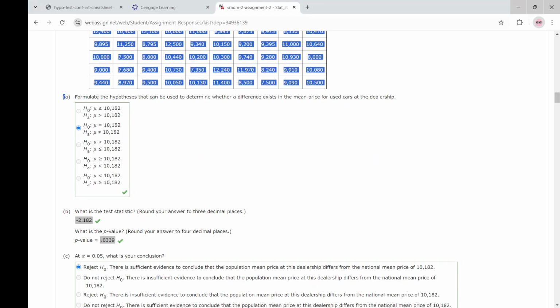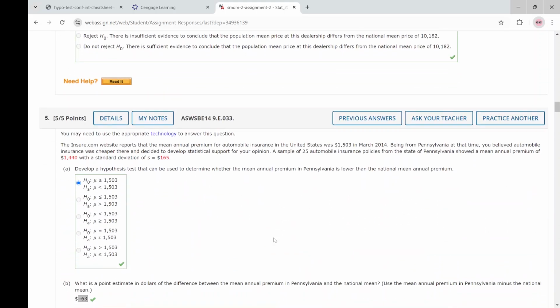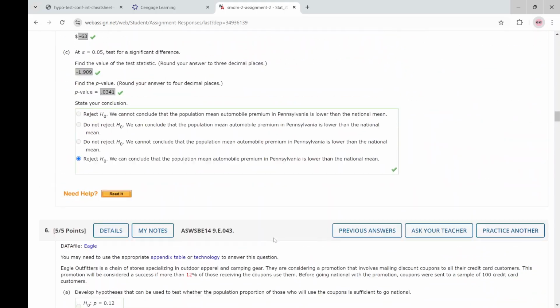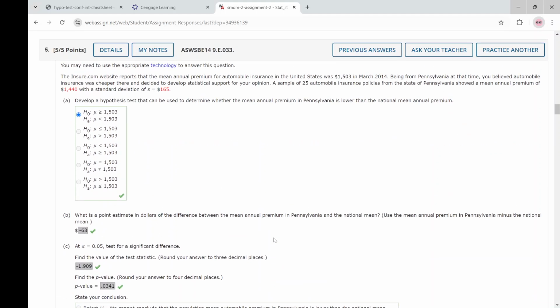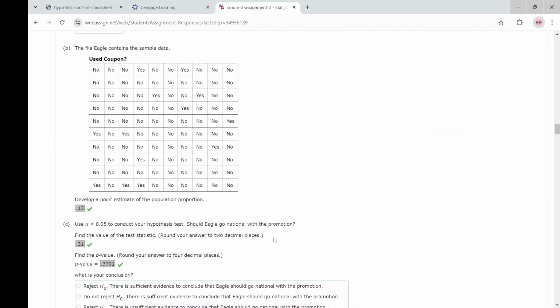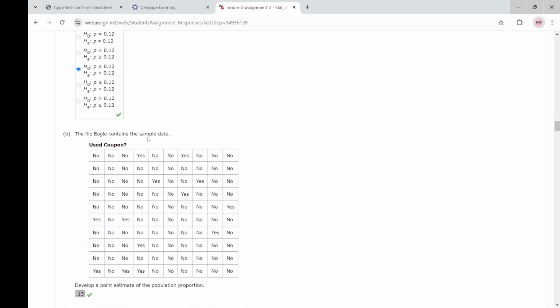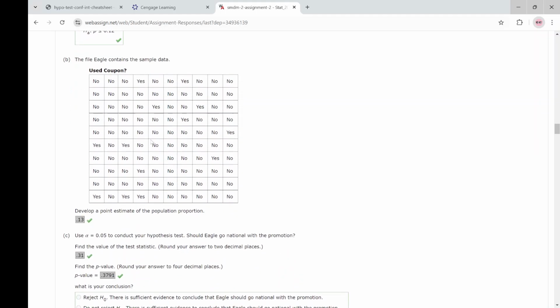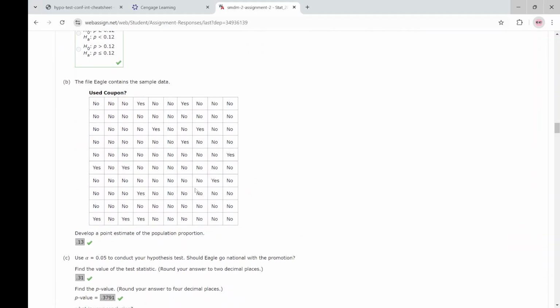Okay, so similarly, let's do it for a p value. Probability, yeah. Here the hypothesis value is 0.12, and if you calculate the total number of PS by the total number, it will be 0.13.